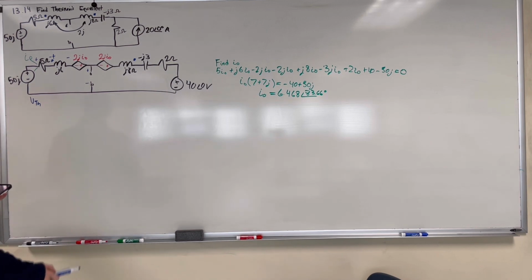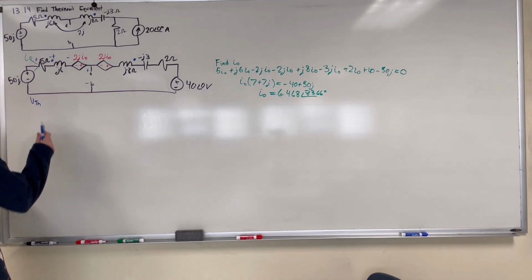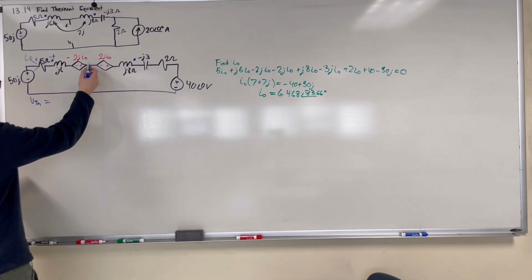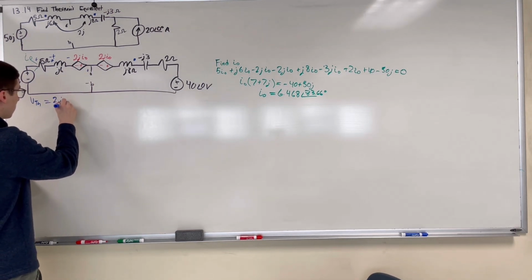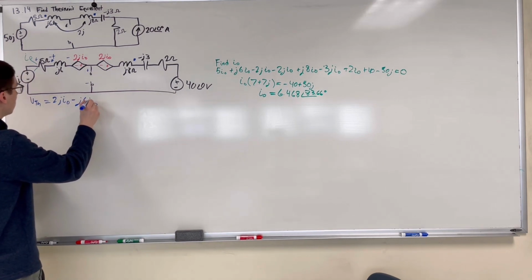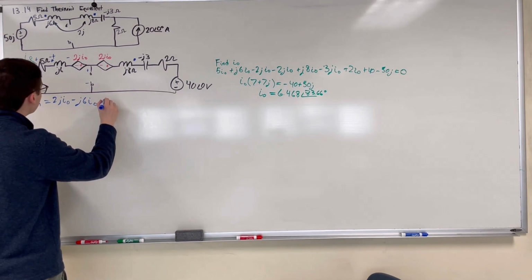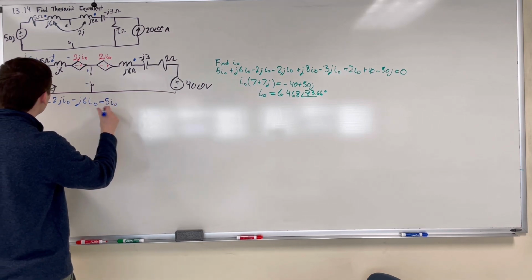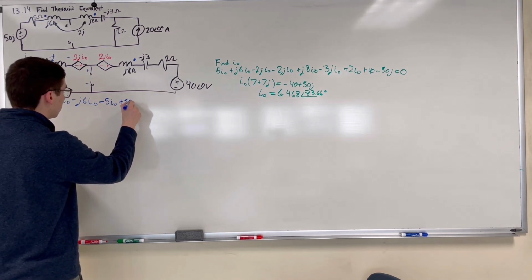All right, so VTH is going to be equal to 2JIO minus J6IO minus 5IO, and that is plus 50J.